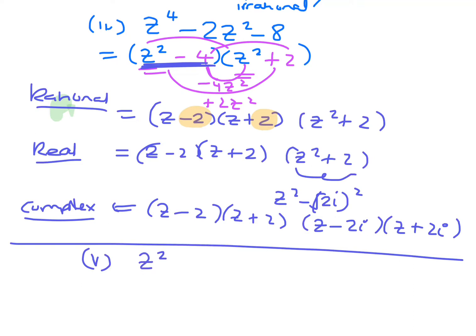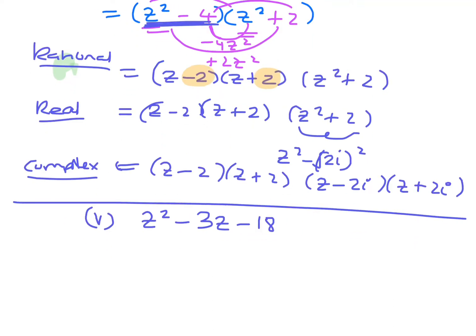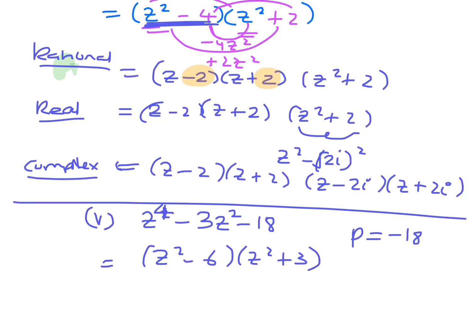Okay, and a final example. I'm actually going to make it z to the 4 minus 3z squared minus 18, so let's check that out. That would be z squared minus 6, z squared plus 3, because the product is minus 18 and the sum is minus 3, so you're talking 6 times 3, it has to be minus 6 plus 3, because we want to get that middle term of minus 3.